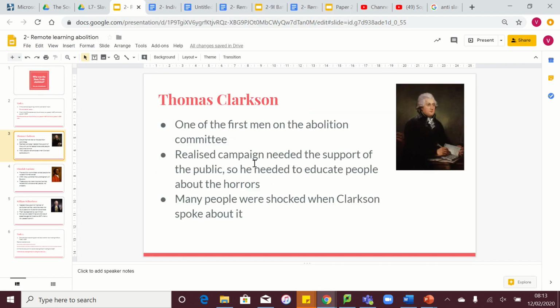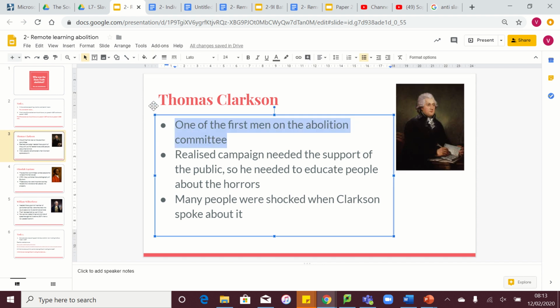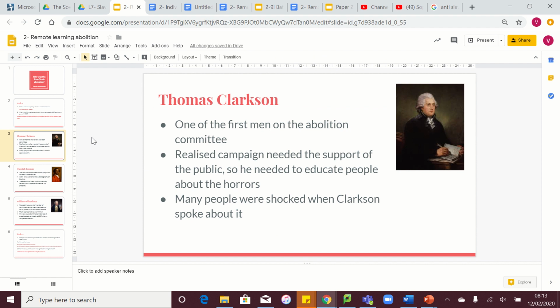Then I wanted to introduce you to a couple of individuals. One of the men who helped end the slave trade was this man here, Thomas Clarkson. He was a working class man, and he was on a committee, which means a group of people who campaigned for ending the slave trade. He realized that he needed to have the support of the general public, so he needed to educate people about what life was like for a slave.